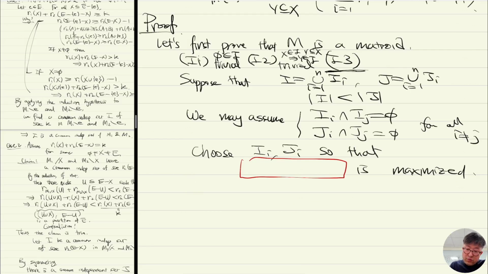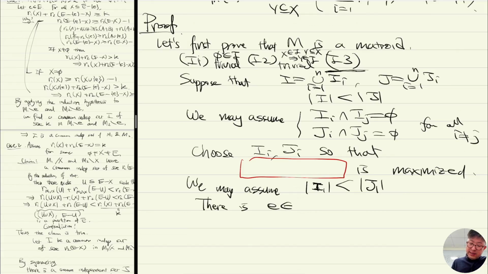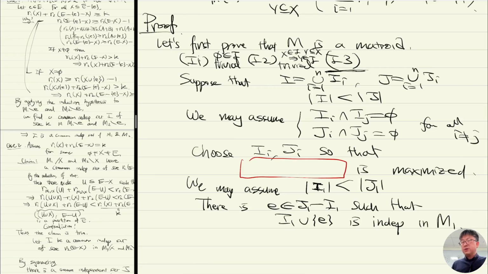And we may assume that I1 is strictly smaller than J1, because otherwise it's just by swapping labels. You have 1 up to n; choose the one so that Ii is smaller than Ji, and let's call it I1 and J1. Now, there is an element E in J1 minus I1 such that I1 union E is independent in M1.